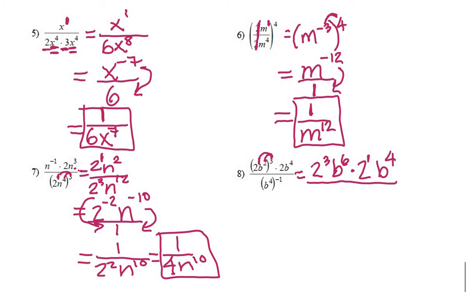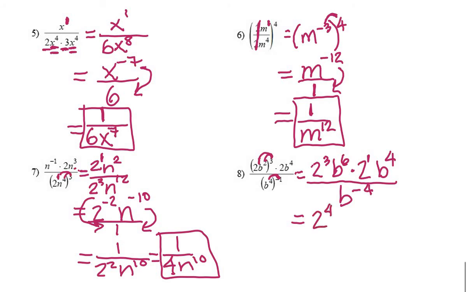Okay, so that's the numerator so far. Then for the denominator, I'm just going to multiply the negative 1 times 4, and that's b to the negative fourth power.